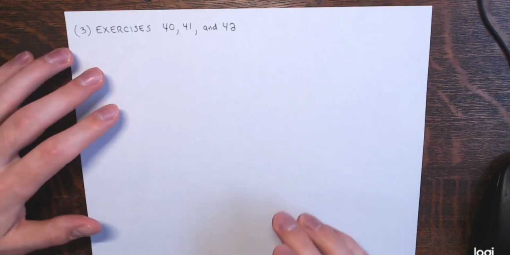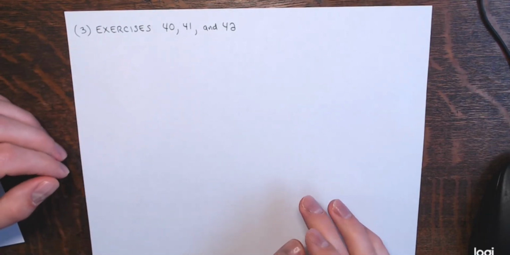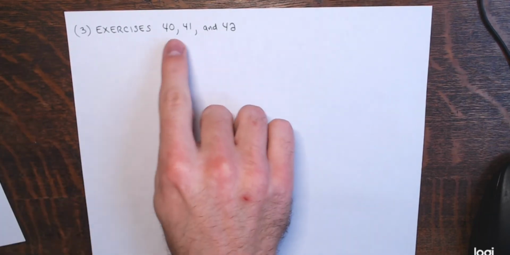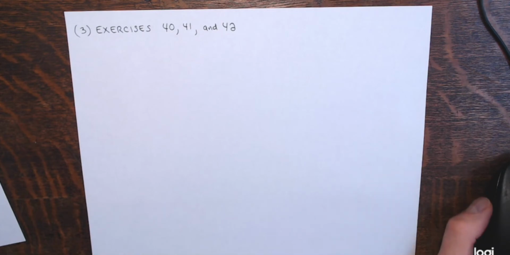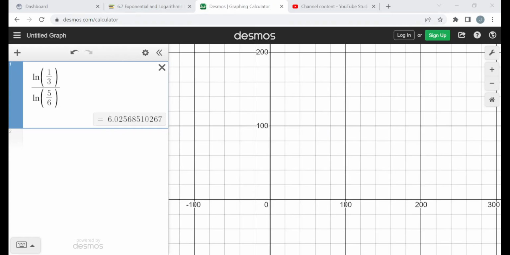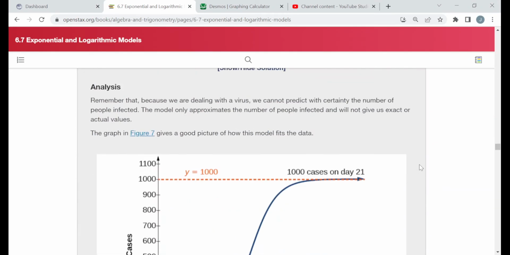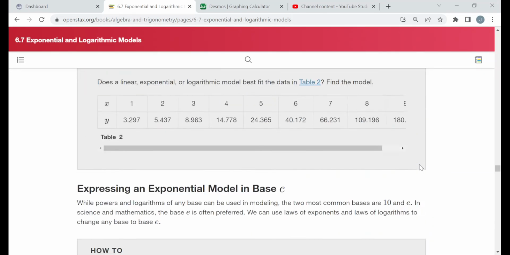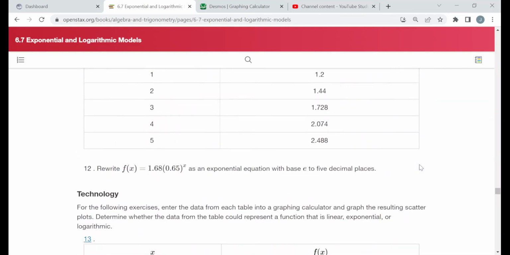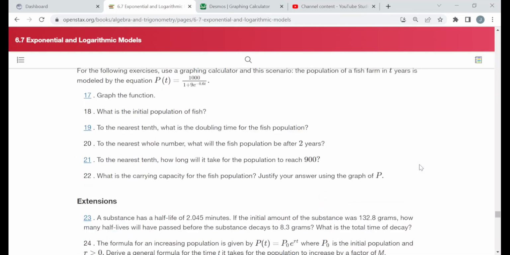Now the next one I want to do is exercises 40, 41, and 42 from the book. And the reason I have these lumped together is because they're all related to the same situation. So back in the text, scrolling down to the bottom where the exercises are, going to 40, 41, and 42.